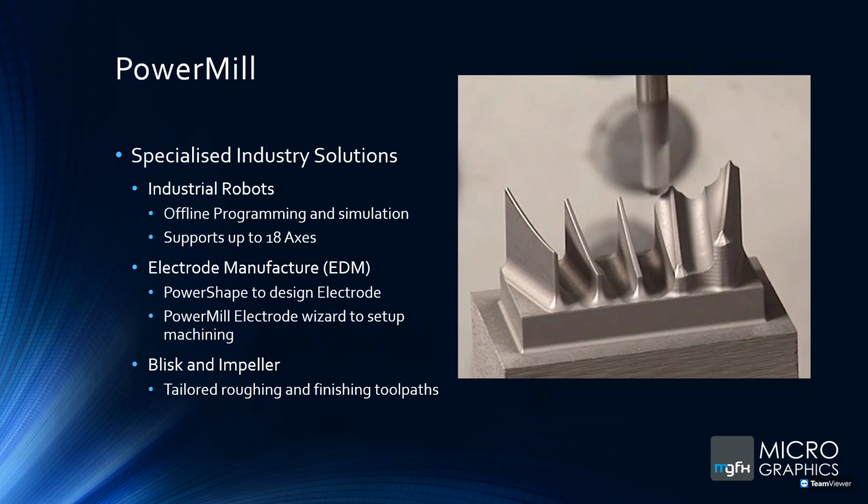The next one here is the creation of EDM electrodes. So I mentioned electrical discharge machining. We have the ability to generate the models for these electrodes using PowerShape, and then PowerMill has an electrode wizard, which then allows you to use that generated electrode for creating the modeling and then actually machining of the electrode.